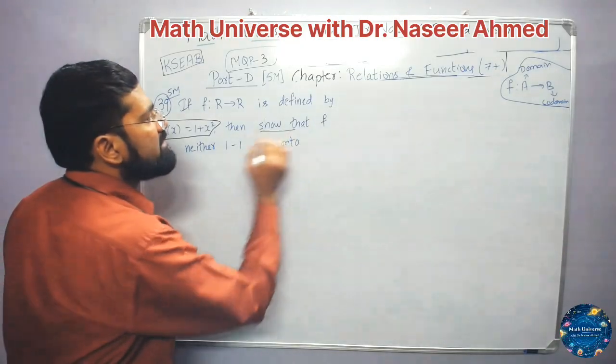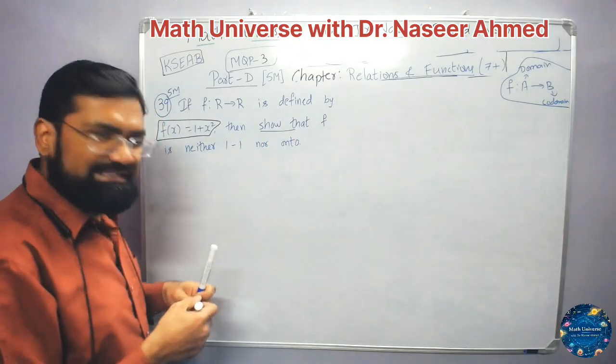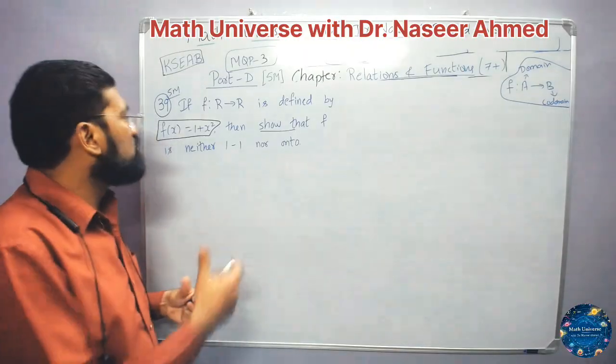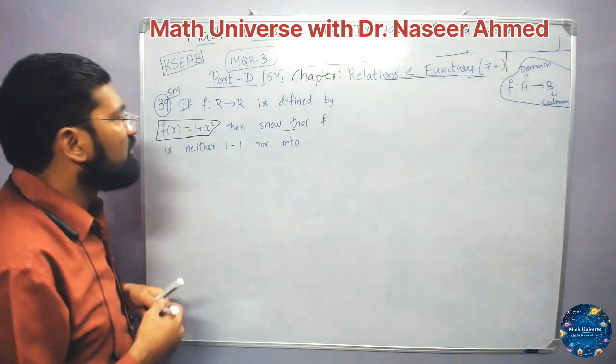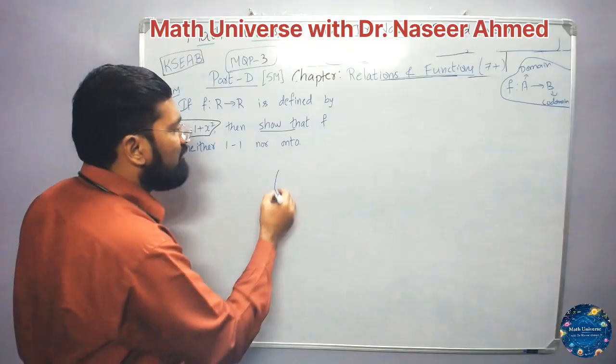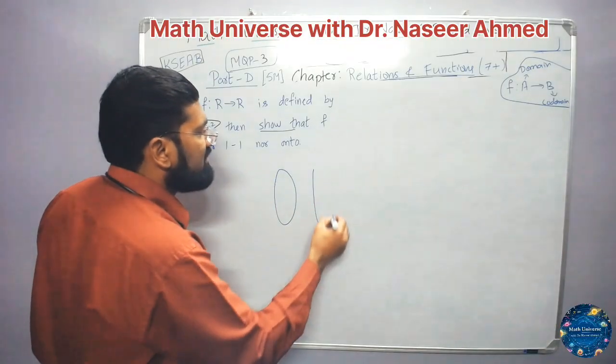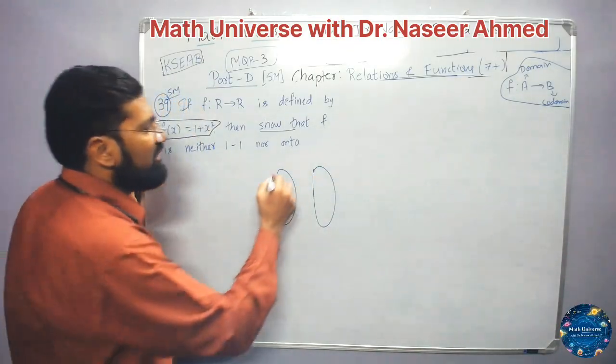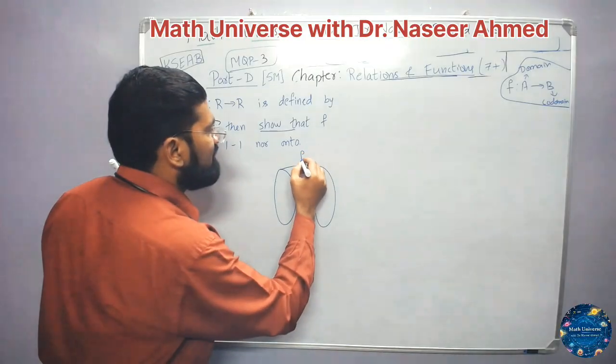Here the words show that are there, so nothing to check. But let us have this habit now to analyze. Who knows, it may come for 1 mark for 1-1 and onto very easily with the help of this arrow diagram, which I call in a funny way in classroom banana.